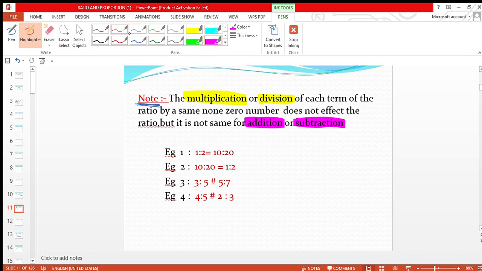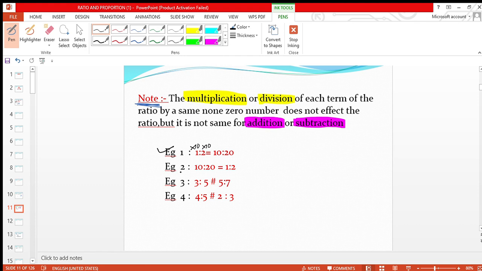Right, example 1. 1 is to 2 is equal to 10 is to 20. Here multiplied by the same non-zero number, that is 10. 1 into 10, 10. 2 into 10, 20.